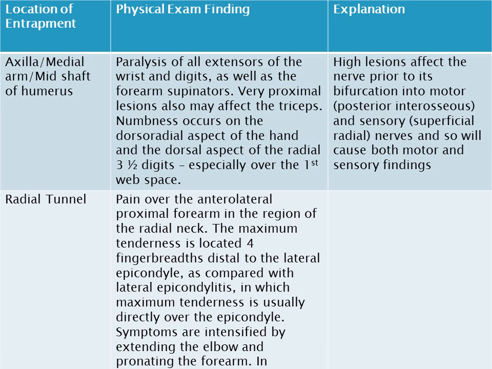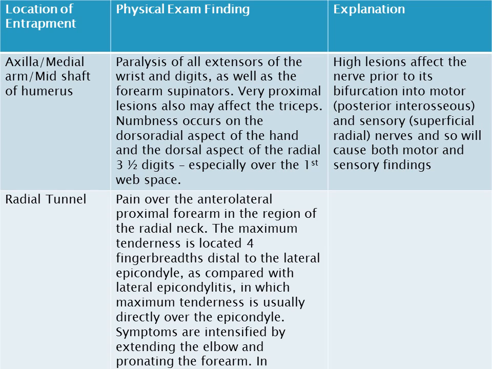So I want you to look down at your own forearm, look at your left forearm, and put your forearm in anatomic position. If you place the index finger of your right hand on the lateral epicondyle of your left humerus, you'll find on physical exam that the maximum tenderness associated with the radial nerve entrapment in the radial tunnel will be about 4 finger breadths below the lateral epicondyle.